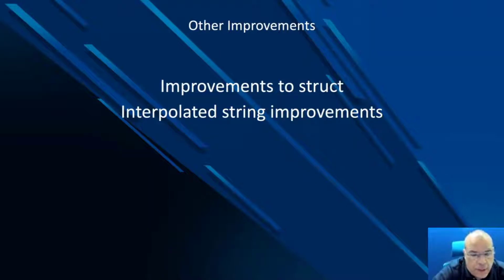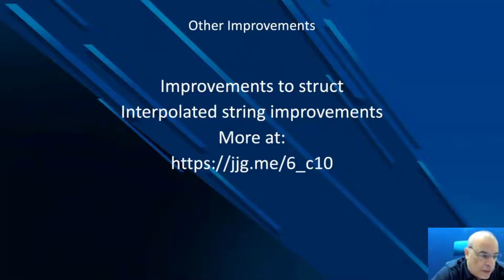You also have the ability to override how strings are handled. If you want to treat it slightly differently, you can override that now, where before you couldn't. It's a lot more available. If you go to https://jjg.me/6_c10, you'll see more features on it.